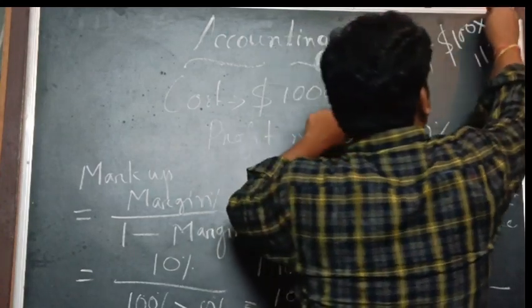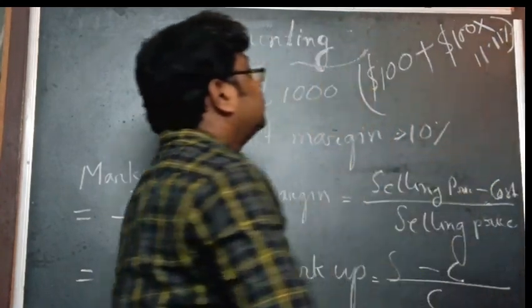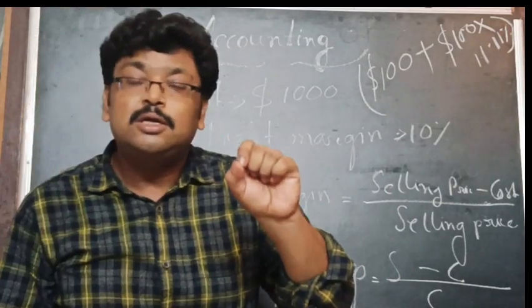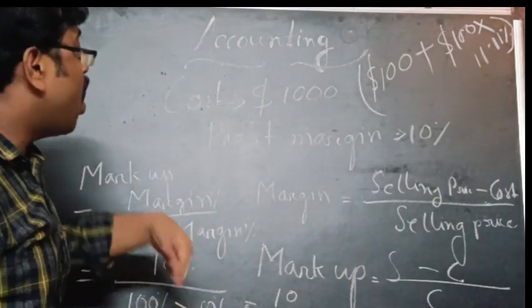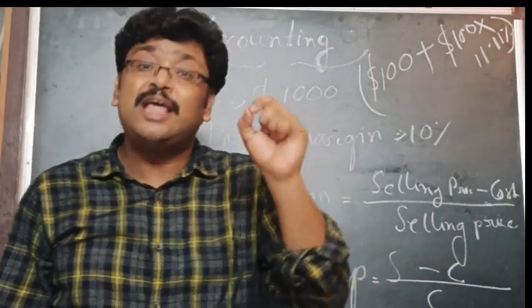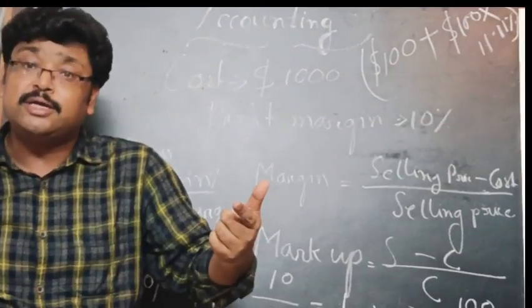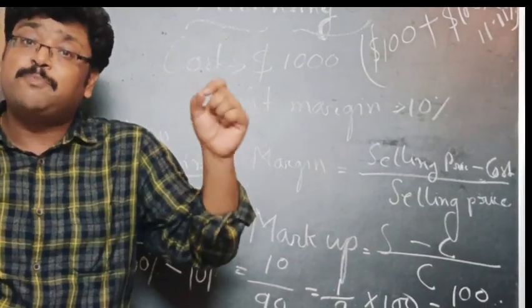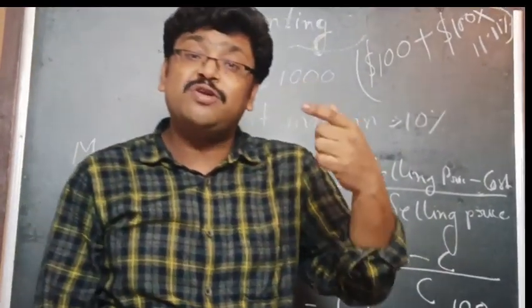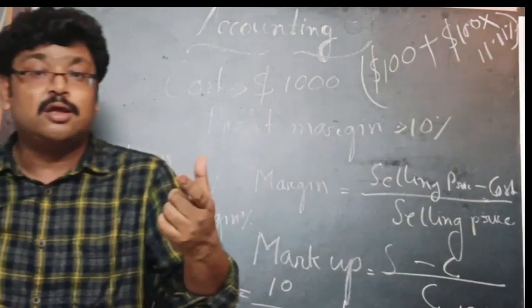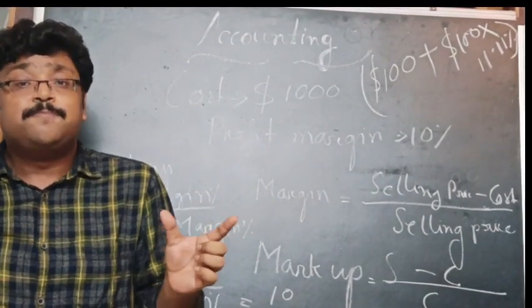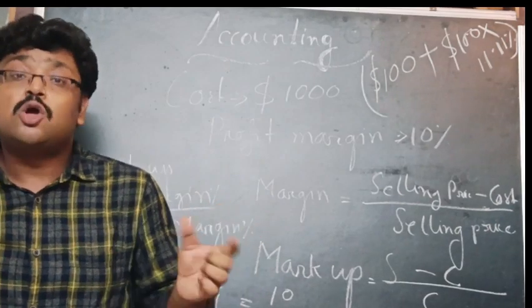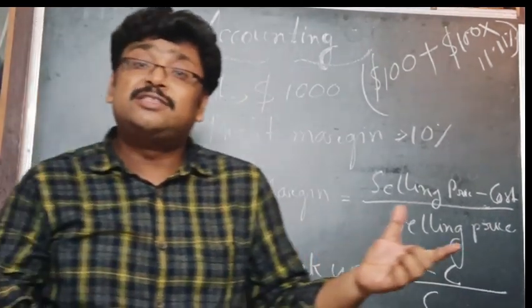After calculating this, you will have the selling price. This is the way of finding the selling price by using the cost of a product and the profit margin, if given. This is the understanding of markup, margin, cost and selling price.